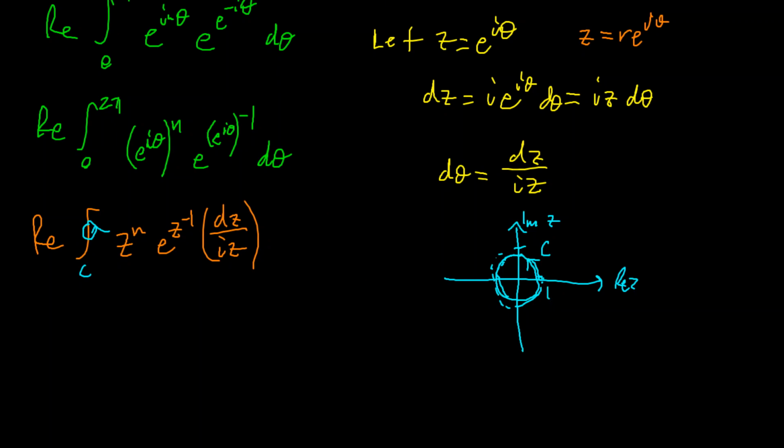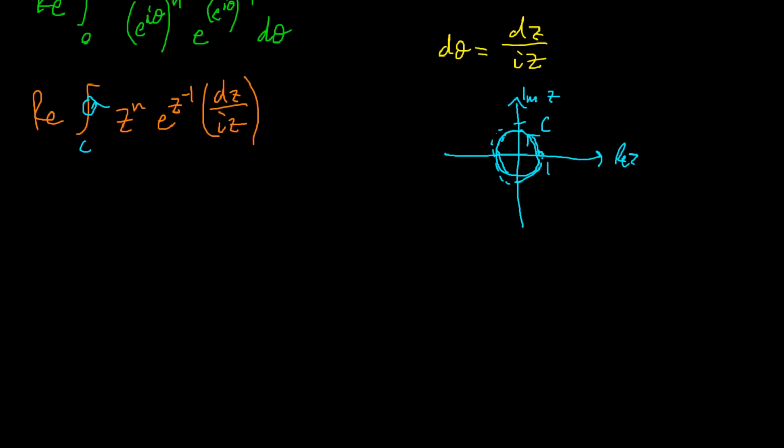So I'm just going to clean up the integral a bit more. This is going to be the real part of 1 over i, and now a closed loop integral over the boundary, of z to the n minus 1, e to the power of z to the -1 dz.